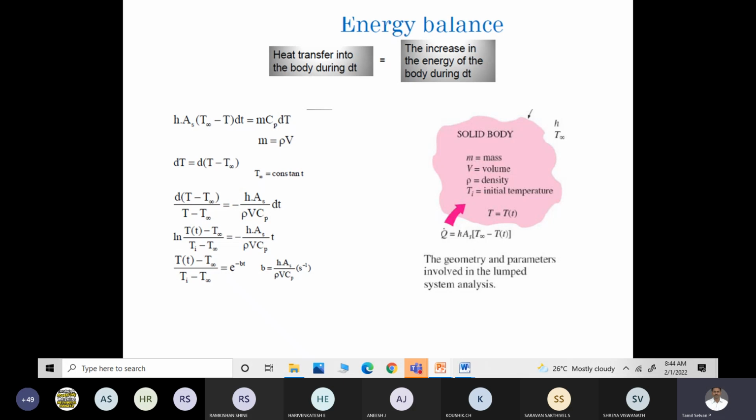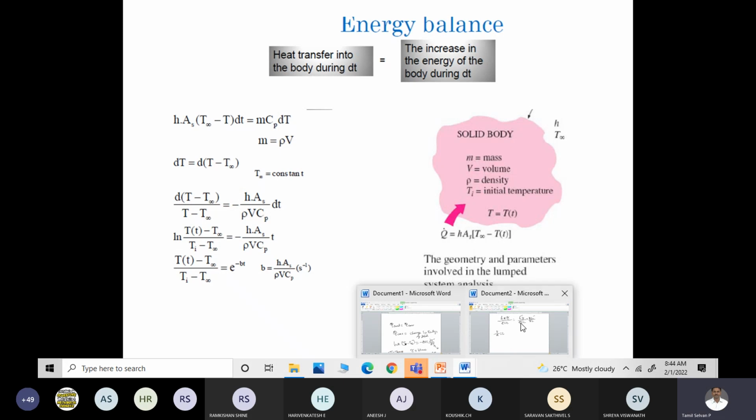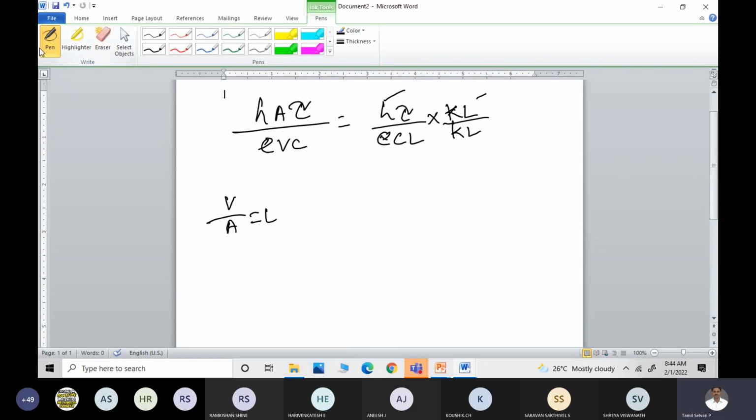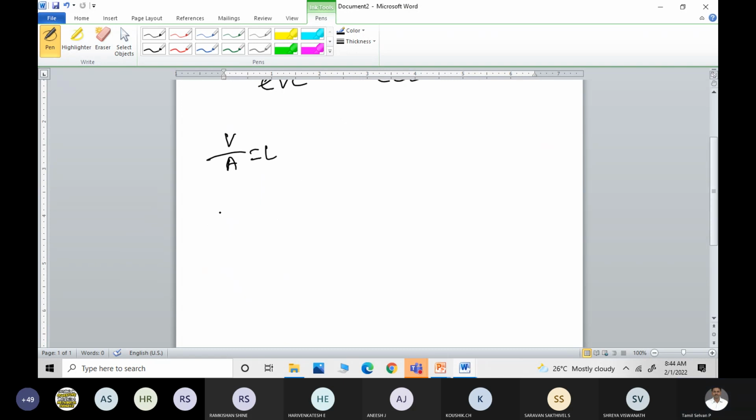For other shapes, for example a flat plate, we have length, breadth, and height, and when we talk about the surface area, we have to include both surface areas. Let me draw it, or otherwise you will be blinking. So this characteristic length, we have to find out as volume by area. Is it correct, students? Correct, sir.